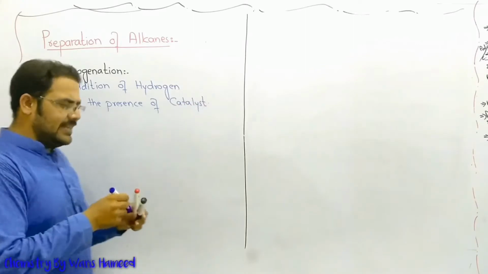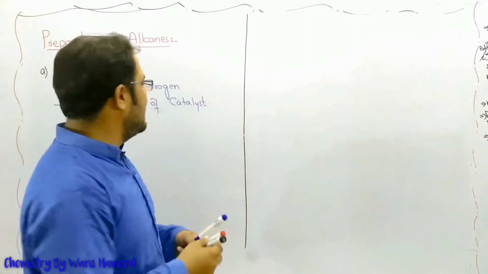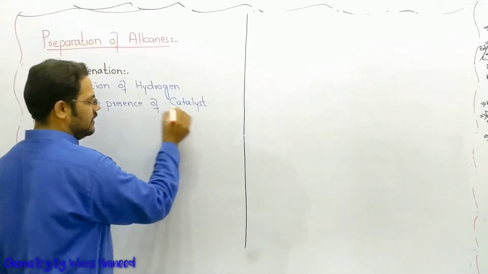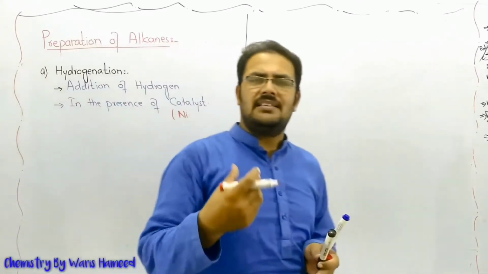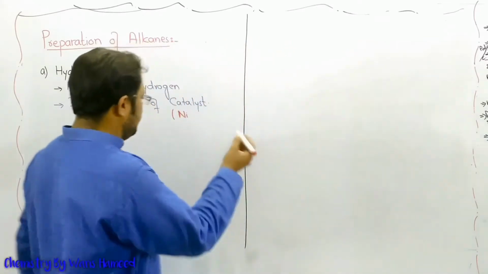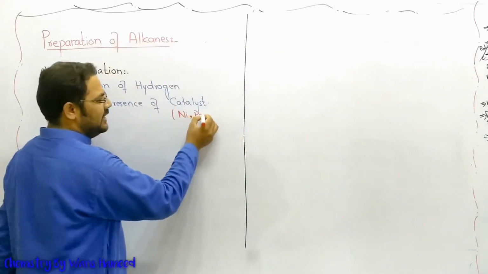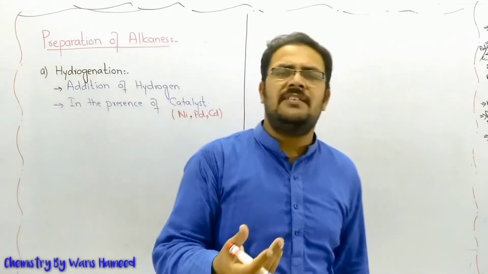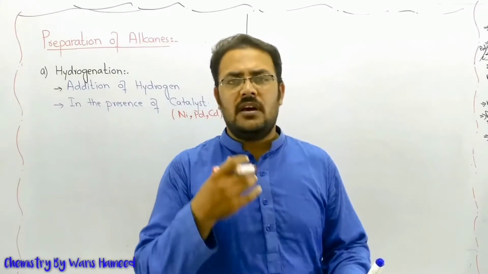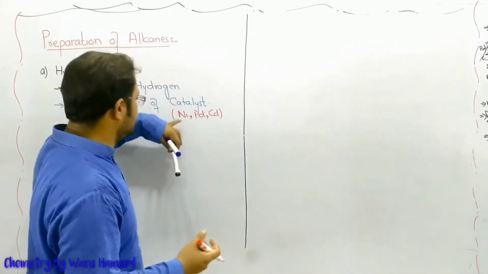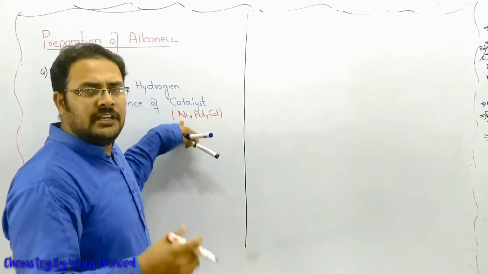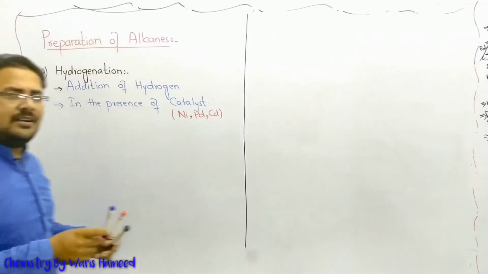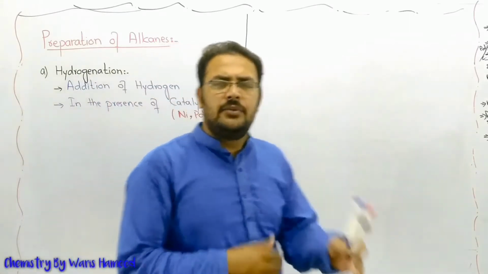We use mostly nickel, palladium or cadmium as a catalyst. The main catalyst is nickel. Why do we use nickel? Because nickel is a cheaper catalyst. Palladium and cadmium are expensive catalysts, but for effective hydrogenation we can also use nickel, but it needs a higher temperature for the reaction. In this case we convert alkene or alkyne into alkane.